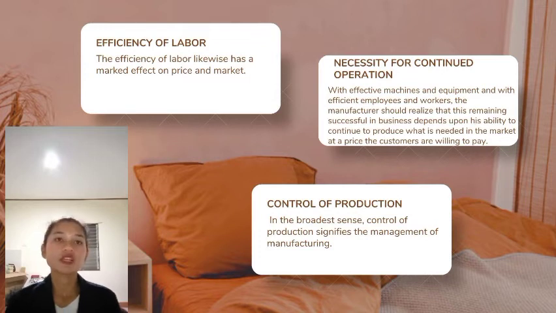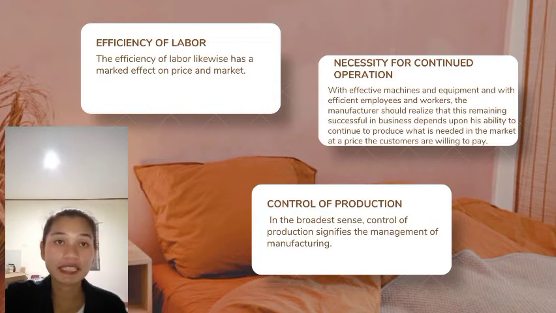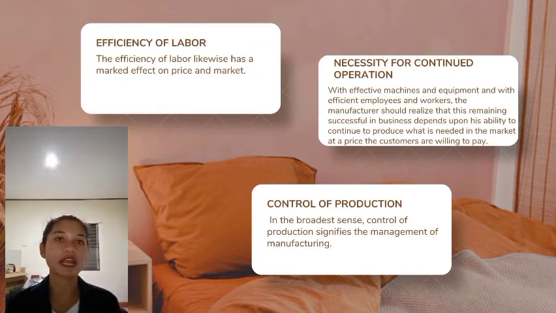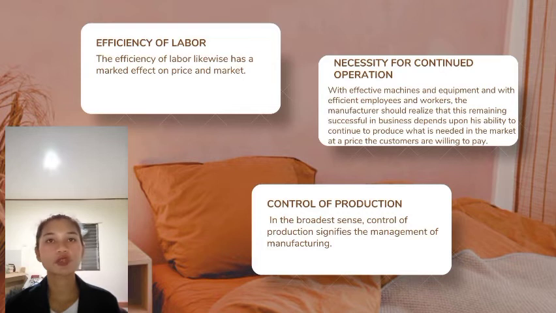The next is the necessity for continued operations. The manufacturer must make an effort to keep his staff and equipment in use. Operation orders and materials must be carefully scheduled in order to achieve this.